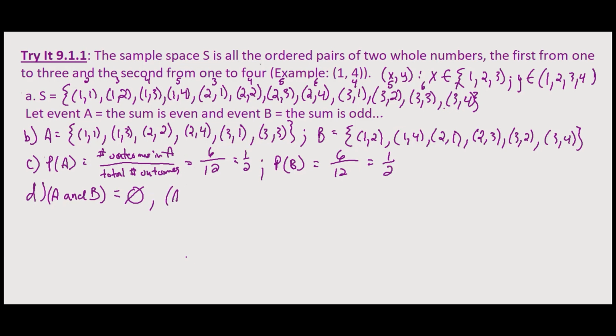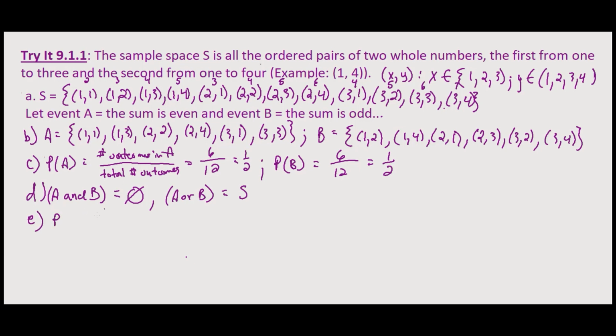Now A or B, that's combine the two sets A and B. Well, that just equals S. That equals the entire sample space, because when we put the sum is even and the sum is odd together, we get every outcome that was in the original sample space. So this makes part E a little bit easier.